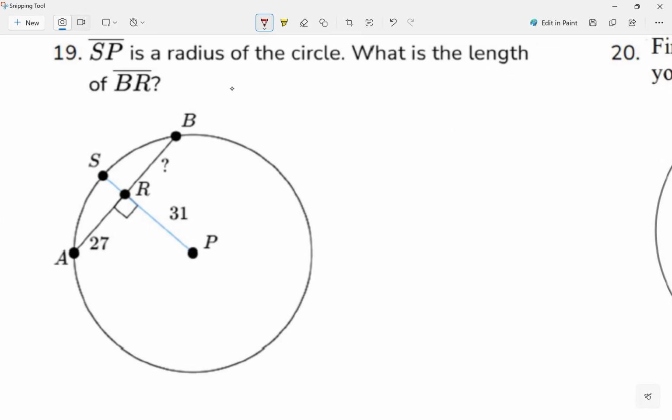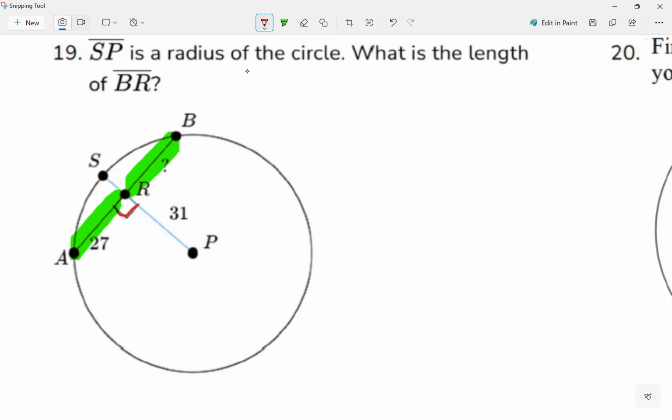So here for question number 19, we see that SP is a radius of the circle. What is the length of the segment BR? I see the segment BA is the chord, and I see the radius. They're crossing at 90 degrees, so that means the chord gets cut in half. Let me say this half is equal to this half.